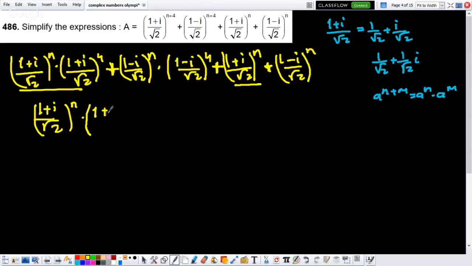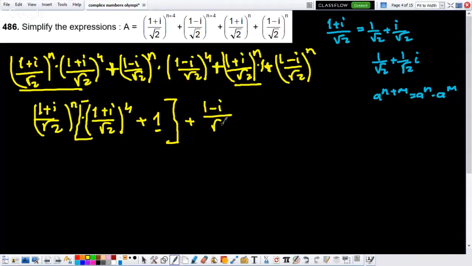Then 1 plus i over root 2 to the power of 4 plus 1, because when you take out 1 plus i over root 2 to the power of n, you leave 1 plus i over root 2 to the power of 4, plus the last term, where we have the invisible coefficient 1.